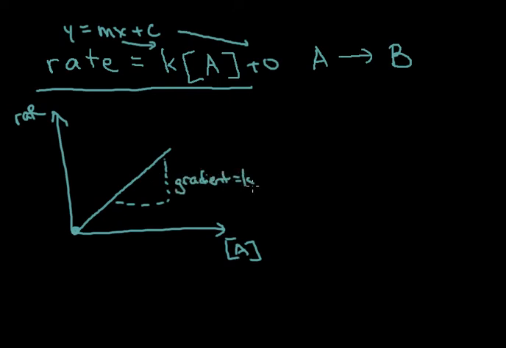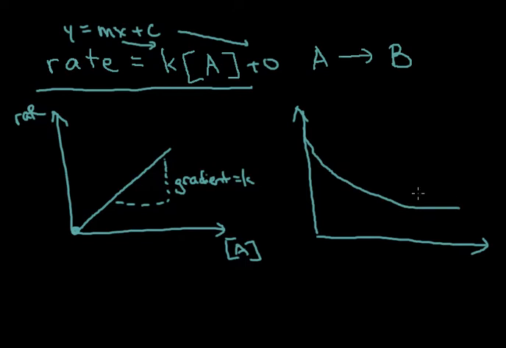Now we also know from math that if the rate, which is dA over dt, is proportionate to A, then we'll get this graph, such that the half-life is a constant.